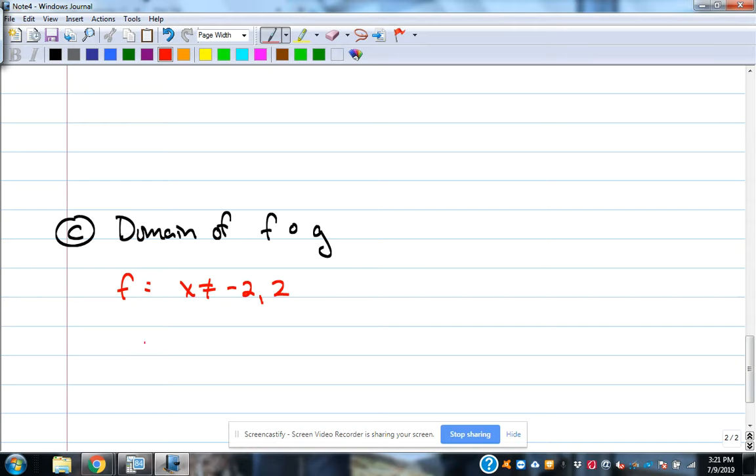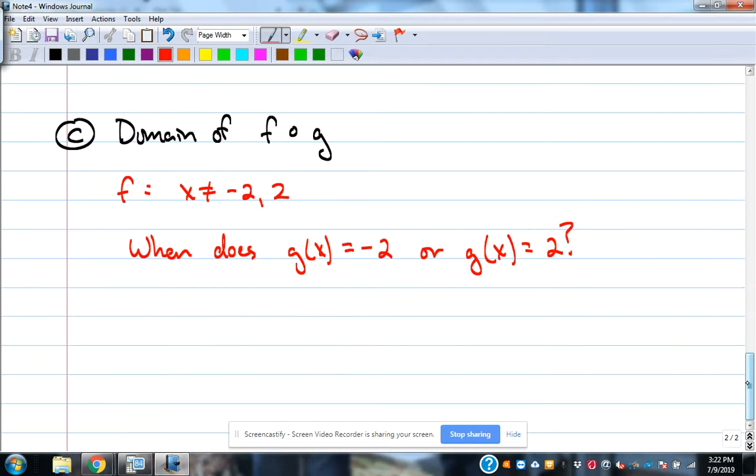So we need to know when g of x equals -2, or when g of x equals +2. That's what we've got to find. So we take 5 plus x and set it equal to -2, and we take 5 plus x and set it equal to +2, and solve those.